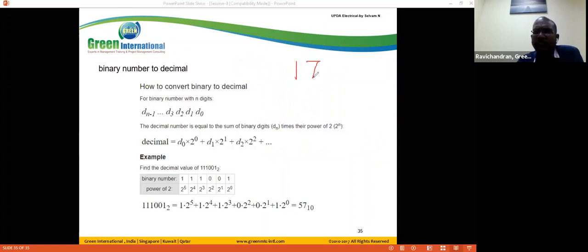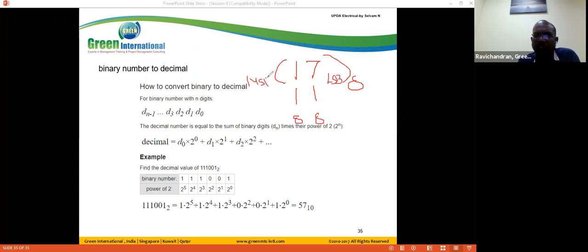Now 17 base 8 is an octal number. Convert the octal number to a decimal number. Once again, it is simple. It is an octal number, so put 8 below each digit. This is the least significant bit and this is the most significant bit.